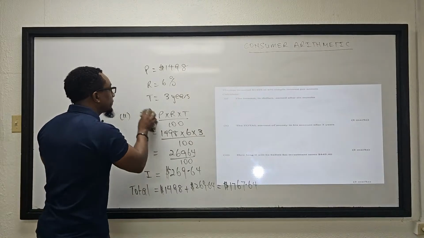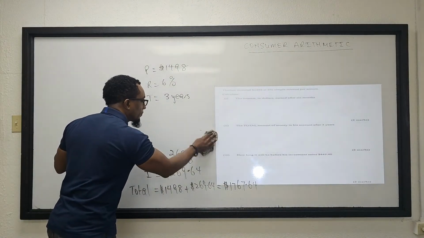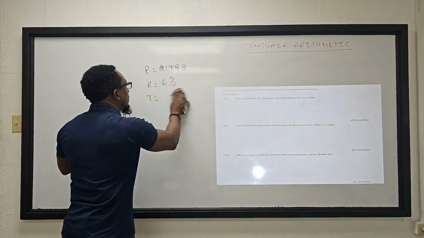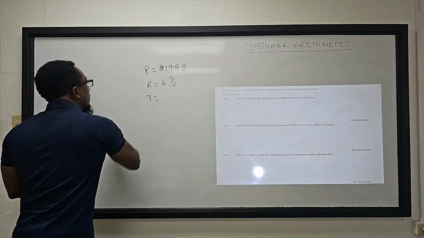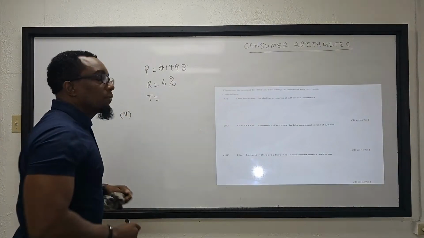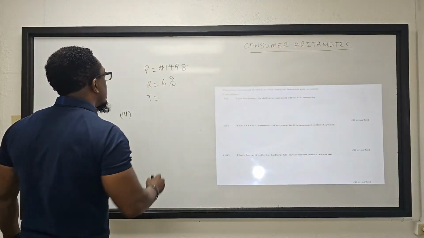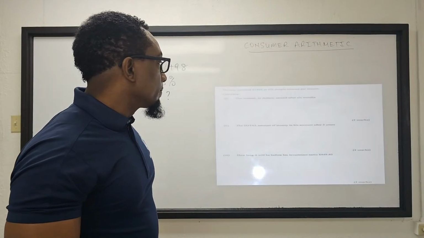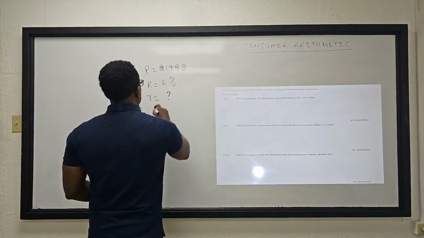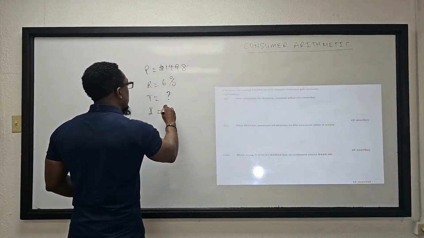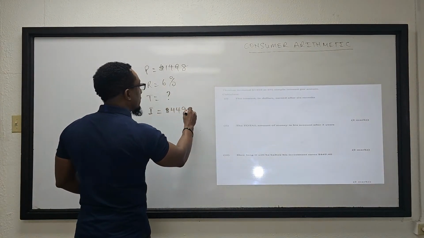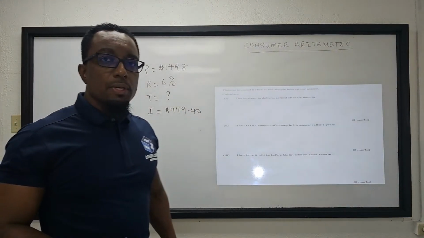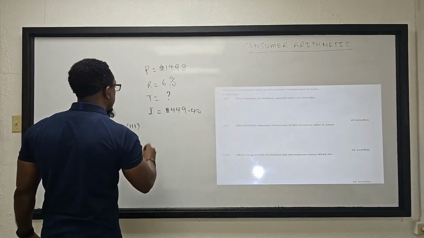So for part 3, we want to determine what is the time. We are given the interest, which is $449.40. So we have to determine what is the time.